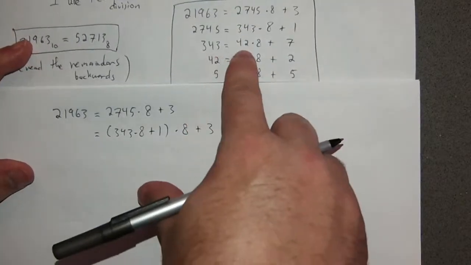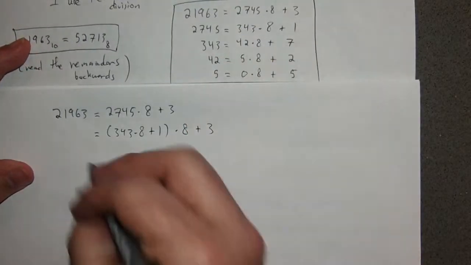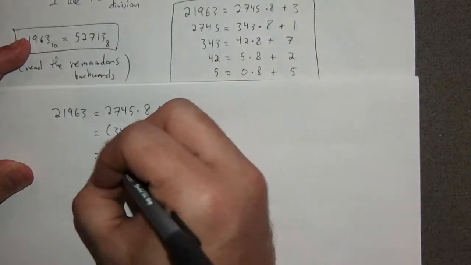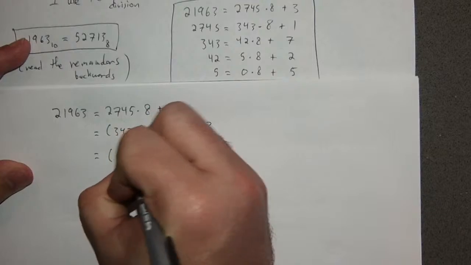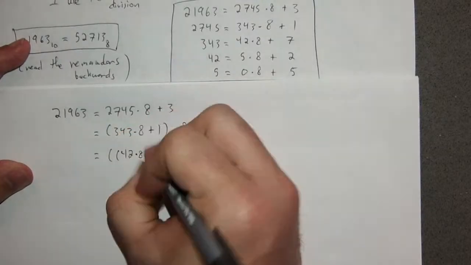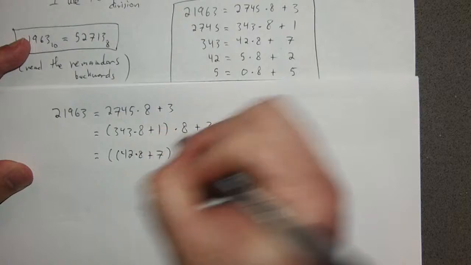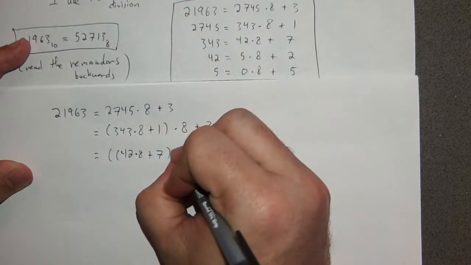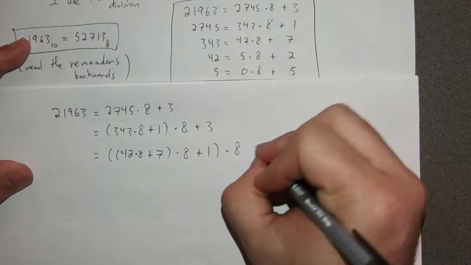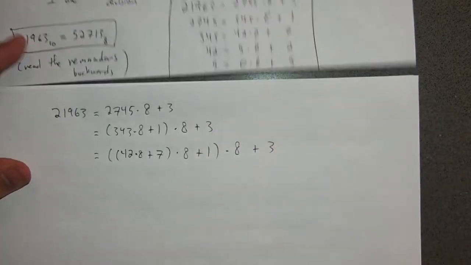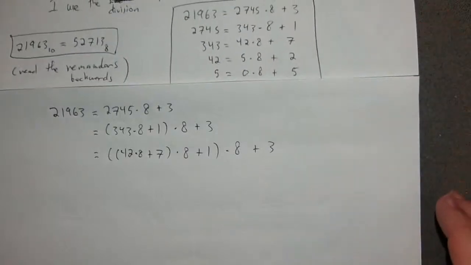343 likewise, I can substitute in for that expression, the third line. So this is 42 times 8 plus 7 times 8 plus 1 times 8 plus 3.